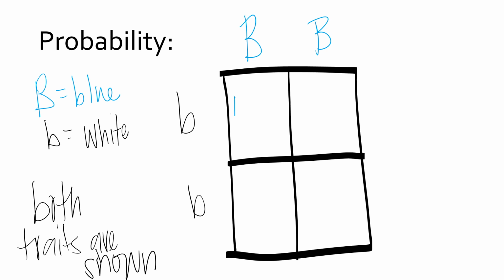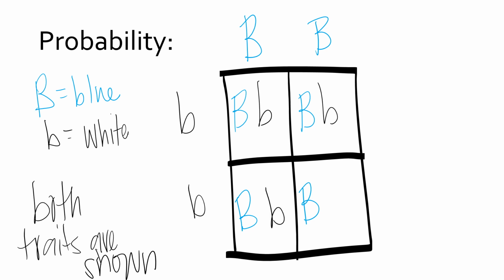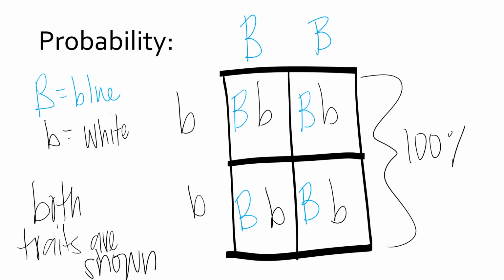So let me fill out my Punnett square here. I drop down parent 1's genotype of the big B, I move over parent 2's genotype for the little b, and I end up with a Punnett square that shows me that I have a 100% chance of having a blue and white bird. Not a light blue bird, but a bird that has both blue and white on it.